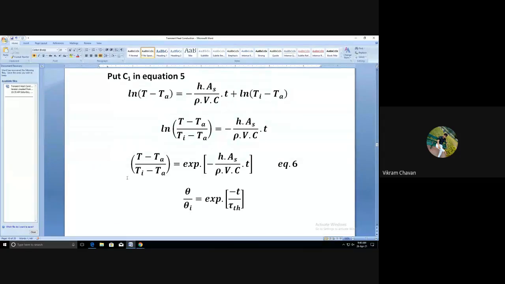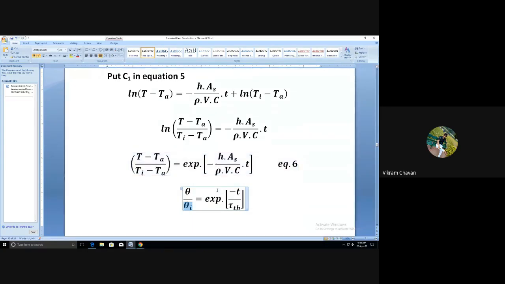Further, we considered T minus Ta, the instantaneous temperature difference between the surface and surrounding, as theta, and the initial temperature difference Ti minus Ta as theta i. We also considered one more nomenclature, rho V c divided by h multiplied by A suffix s, which is nothing but tau.